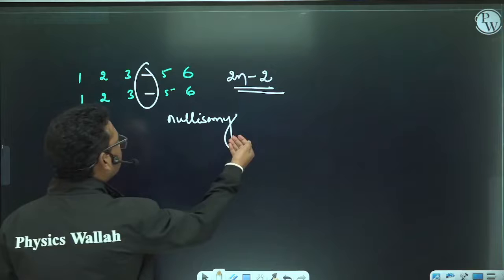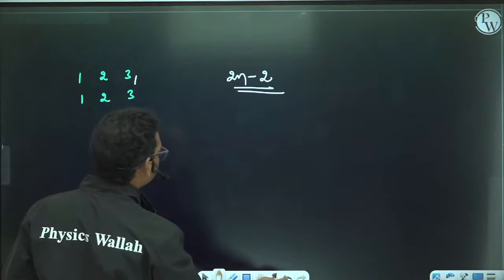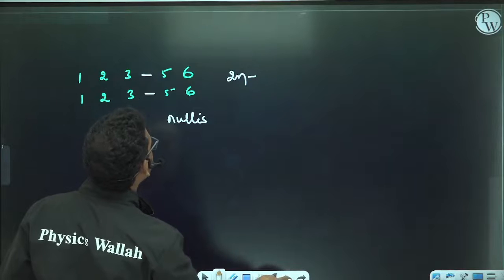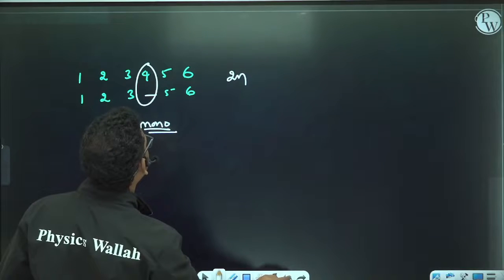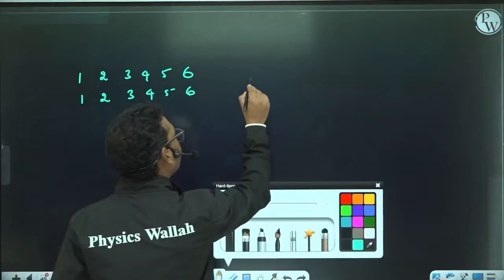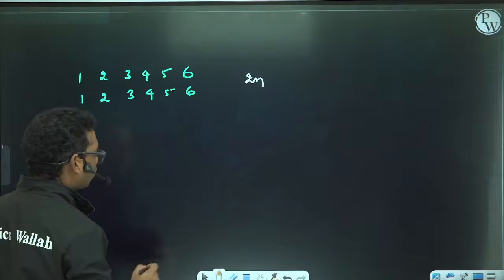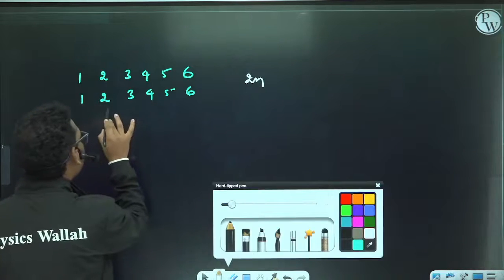Okay, so this is 2n. What about tetrasomy?